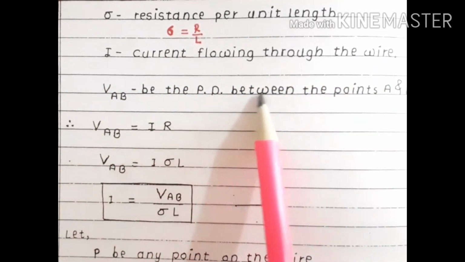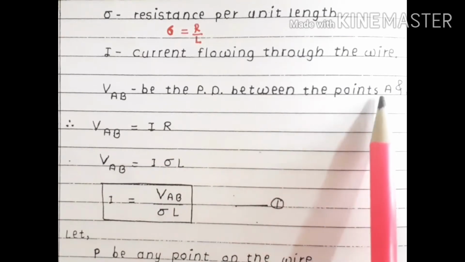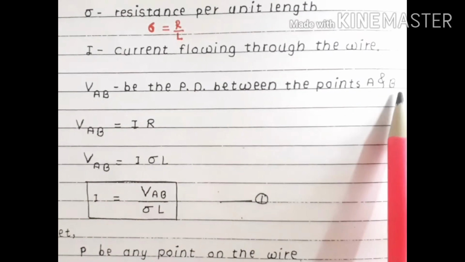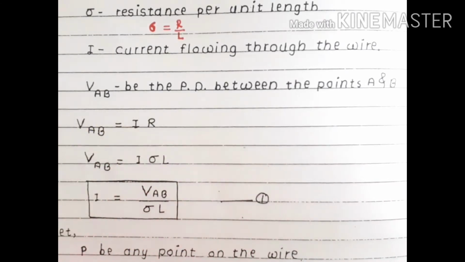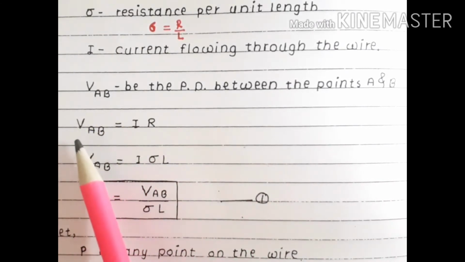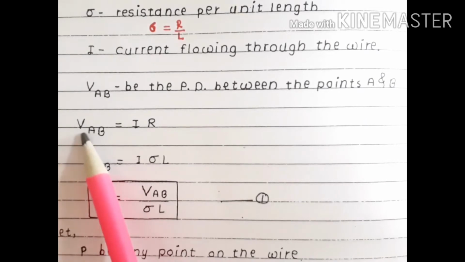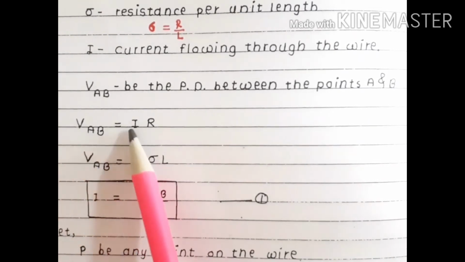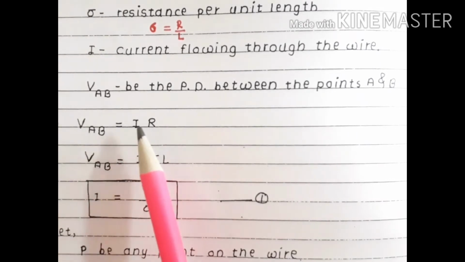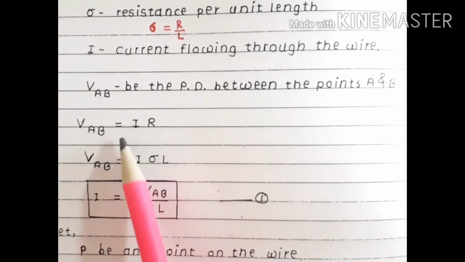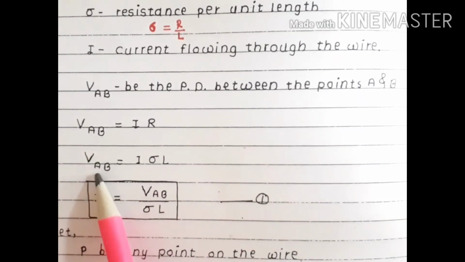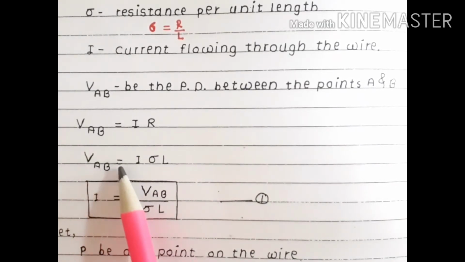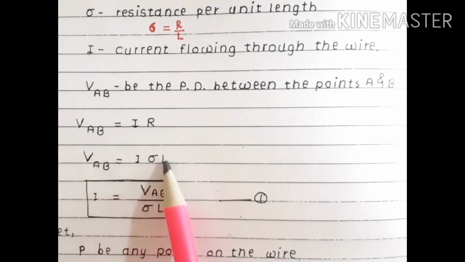VAB, the potential difference across wire AB, is equal to the current flowing through that wire into the resistance of that wire. VAB is equal to IR, that is, VAB is equal to I sigma L.